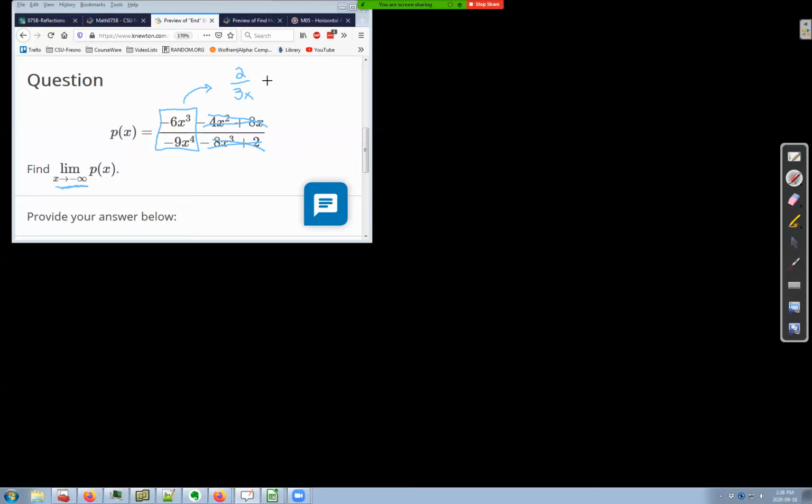I'm going to get a negative number, clearly, because the numerator is positive and the denominator is going to be negative if x is negative 1 billion. But then the denominator is going to be like 3 billion and the numerator is just 2. And 2 divided by 3 billion is a very small number. If I have 2 cookies and I want to share them with 3 billion people, each person is going to get a very, very small piece of cookie, practically nothing.